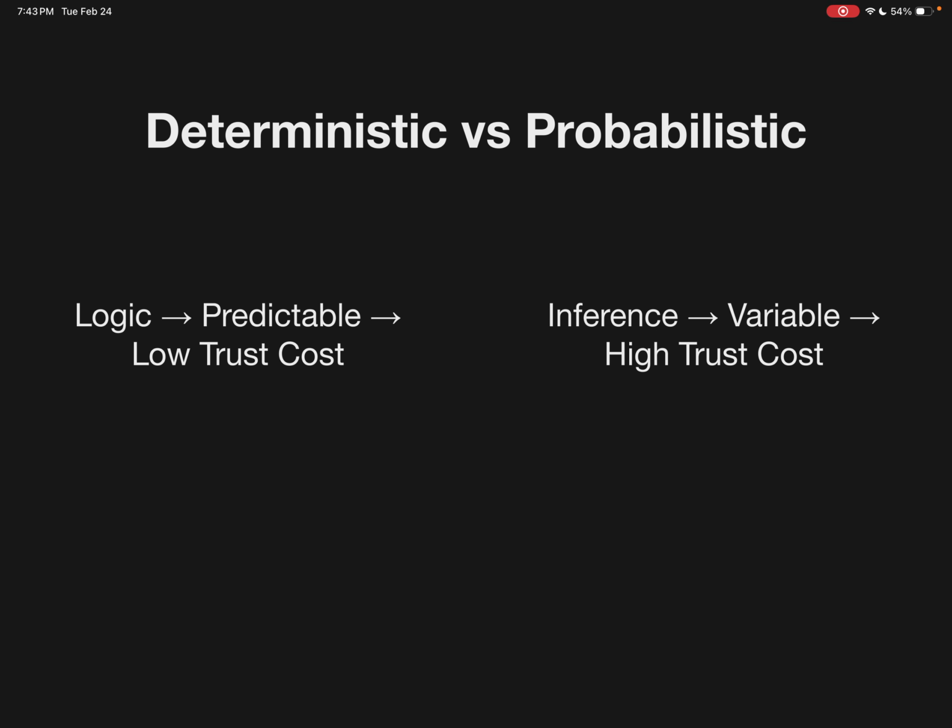Traditional software is deterministic. You write the logic and it behaves the same way every time. It is predictable, and predictable systems have a very low cost of trust. AI systems are different. They are probabilistic. They operate on uncertainty.